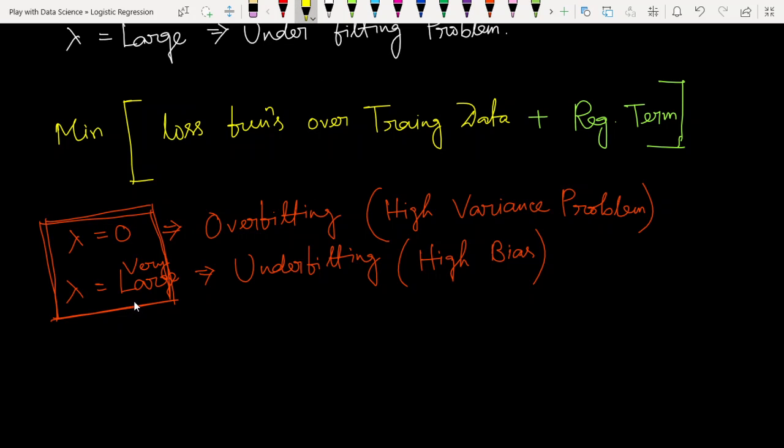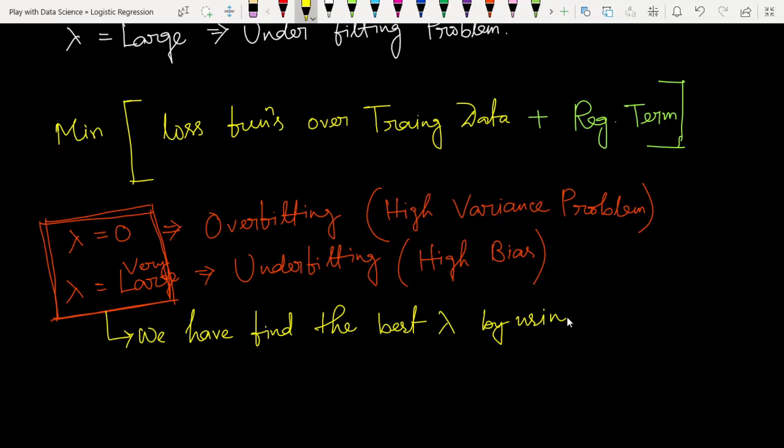Similarly to the naive Bayes model or K neighbors model, we find the best lambda by using cross validation.